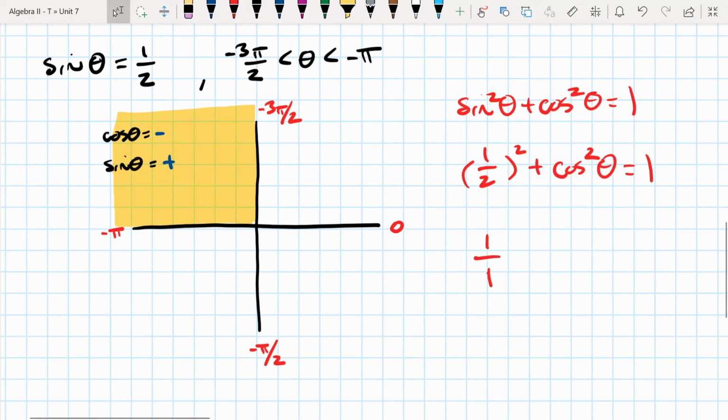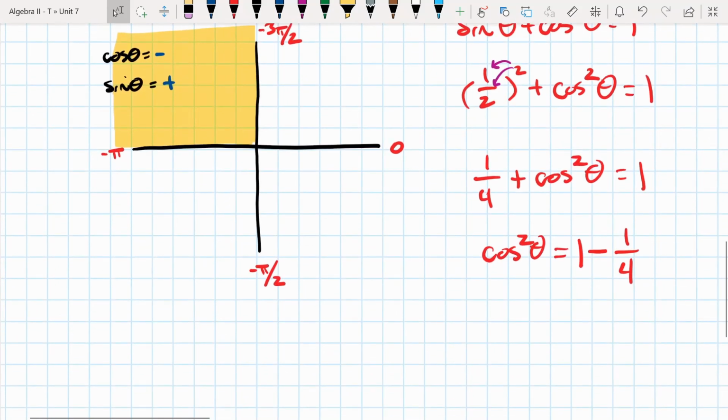So 1 over 4, because the 2 gets distributed here and here, plus cosine squared theta is equal to 1. And so cosine squared theta is equal to 1 minus 1/4. Well, 1 minus 1/4, if I have 1 of something and I subtract 1/4, cosine squared theta is equal to 3/4.